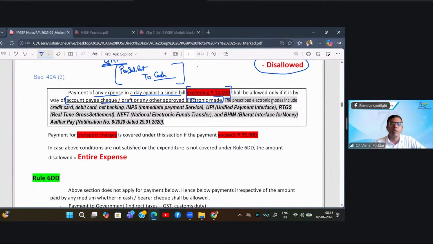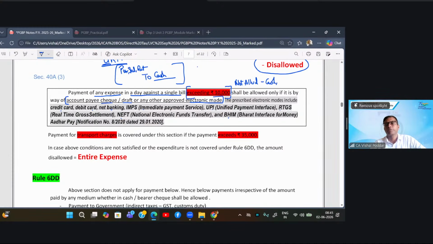Now, what are these approved electronic mediums? You may use a debit card, credit card, net banking or IMPS, UPI, RTGS, NEFT, BHIM, Aadhaar Pay. So if you have used any of these, or account payee cheque or draft, it is allowed. What is not allowed?